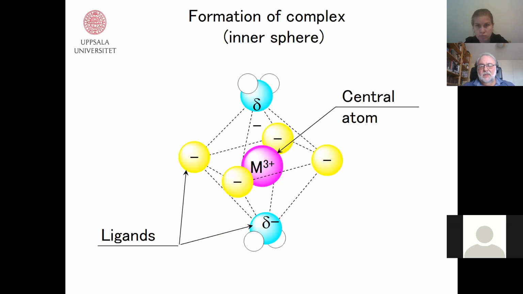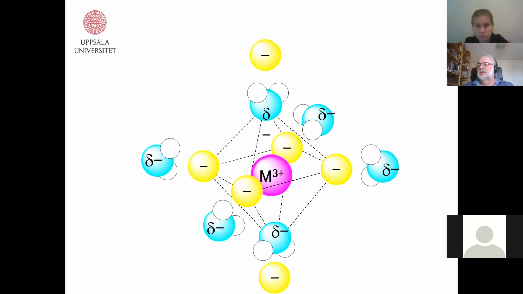This is only half of the story because counter ions or ligands could also form interactions with other surrounding ions. So, for example, an anion could interact with the positive part of a water dipole, and the water dipole could interact with anions and so on.